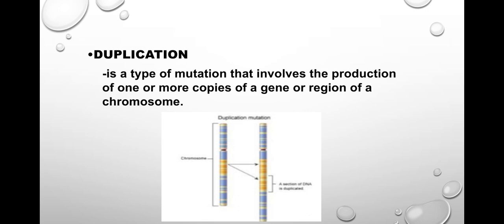The third type of mutation is duplication. It is a type of mutation that involves the production of one or more copies of a gene or region of a chromosome. Duplication occurs when some portion of a chromosome gets repeated so that genes located on the repeated portion are represented more than once in that chromosome.